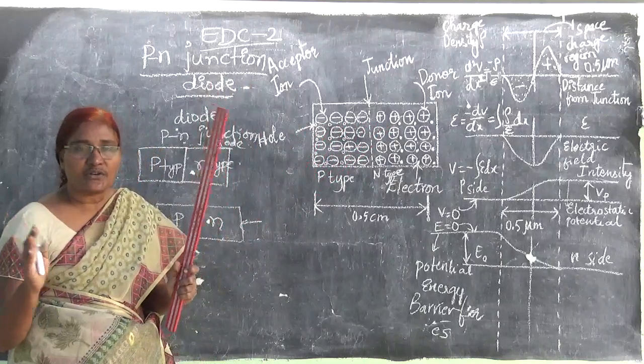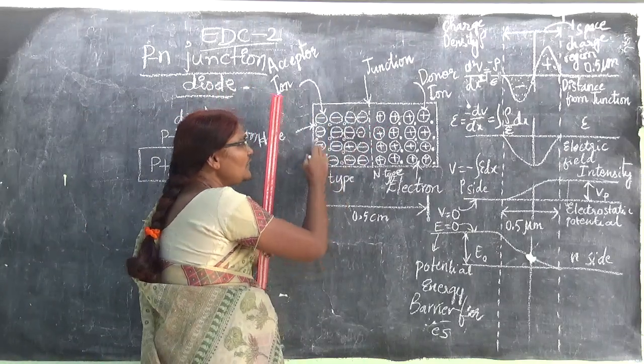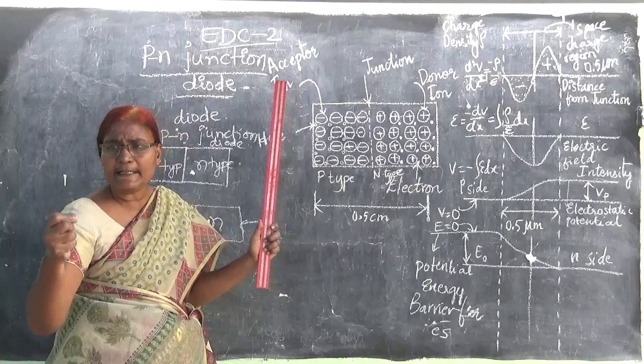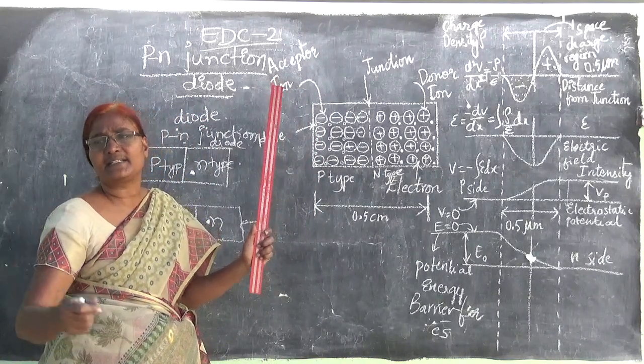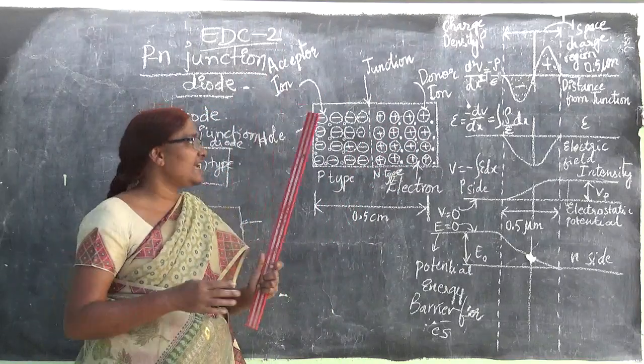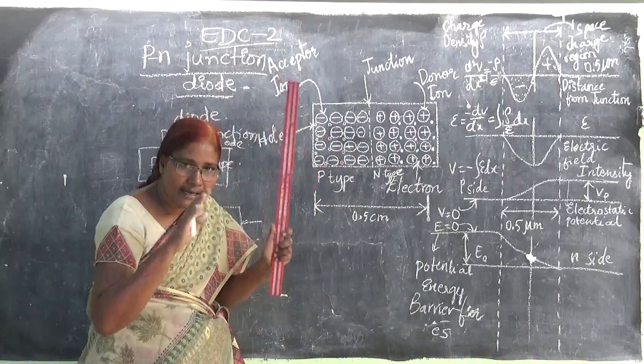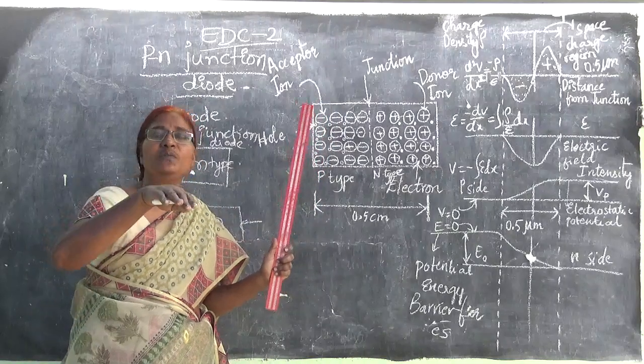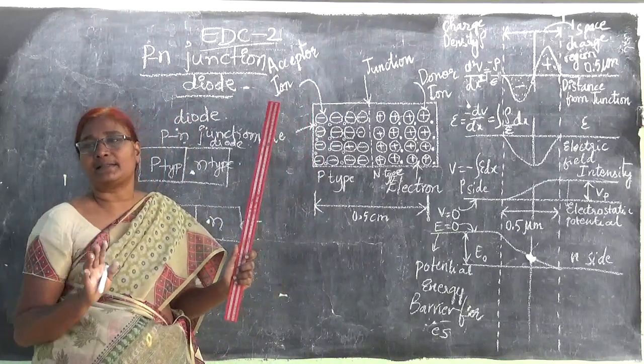So you can observe a group of negative ions and a group of positive ions. At this present instant they are not ions, but at room temperature they will become ions.